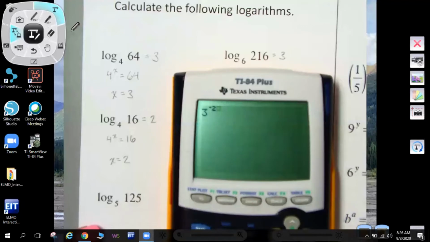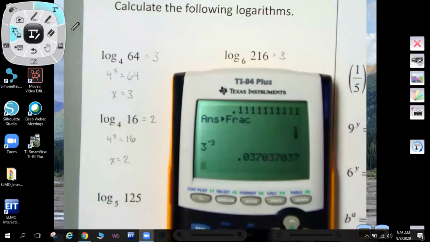So if you do 3 to the -2, I get this decimal. So I have to change this to a fraction, math fraction, to see if it's 1 over 243, and it's not. So then I try 3 to the -3rd power. Change that to a fraction. That's not it. 3 to the -4th power.